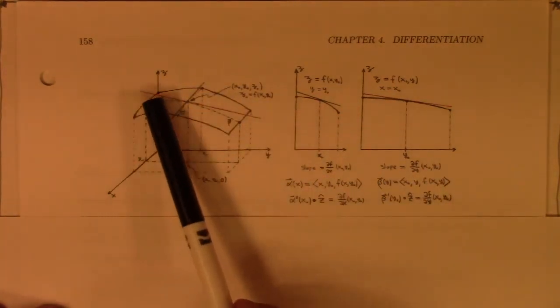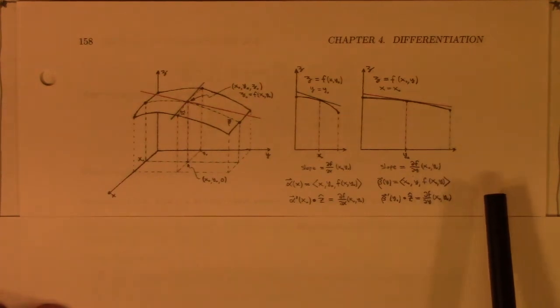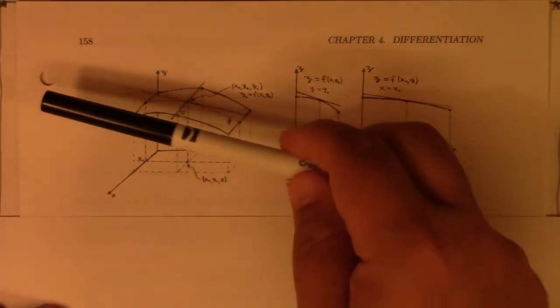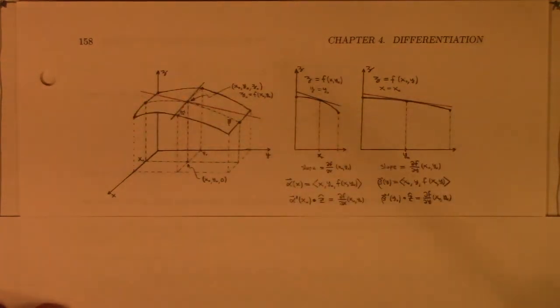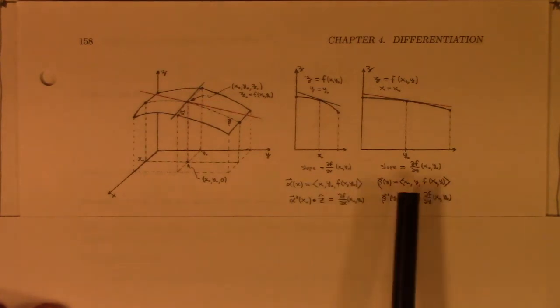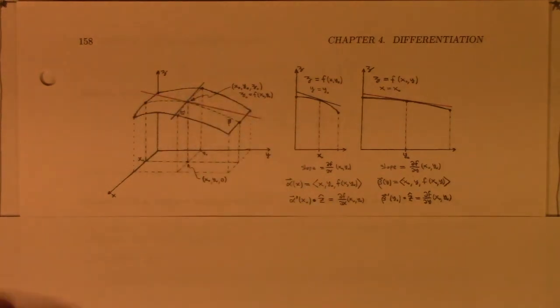And likewise, if we look at that other vertical slice, we can look at the tangent line there, and the slope of that one is going to be partial f partial y, which again tells us how the function's changing in the y direction. And we can think about those in terms of taking the velocity vectors of these particular curves, which trace out those lines along the surface of the function.